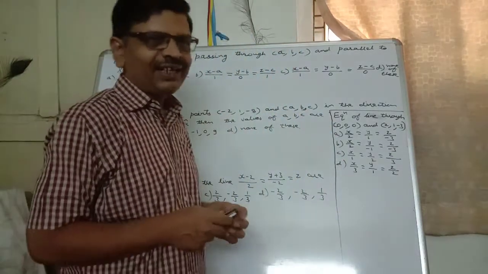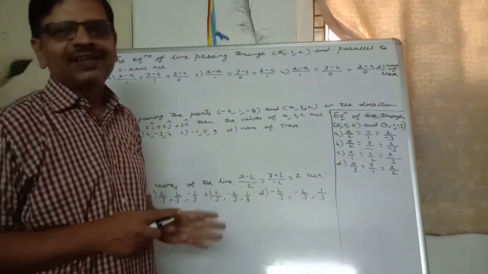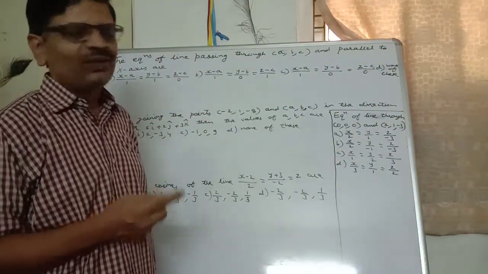Instead of direction ratios, even if we know direction cosines, then also we can write the equation of the line.